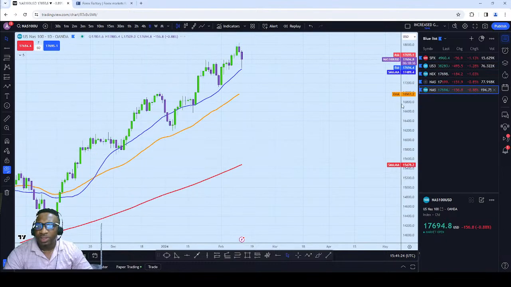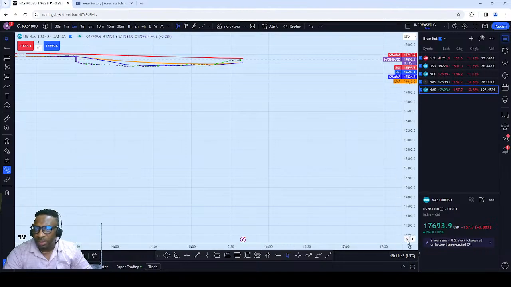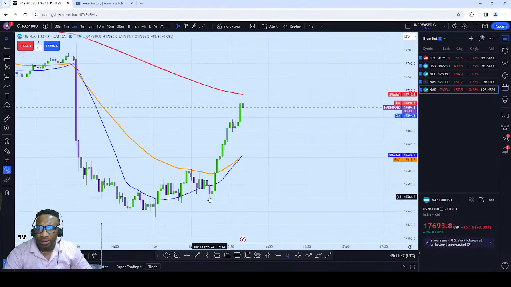So let's watch out for the markings that we have done on there. Probably we could have gotten in, if we had seen it on time. I think it happened before we started the NAS trade. Okay, this move started around 3:15.